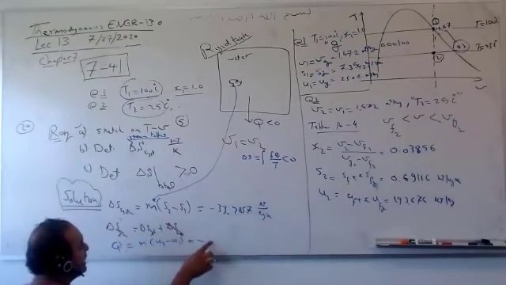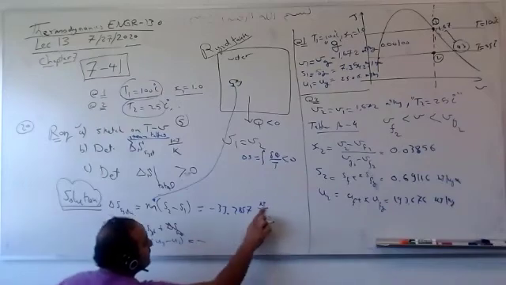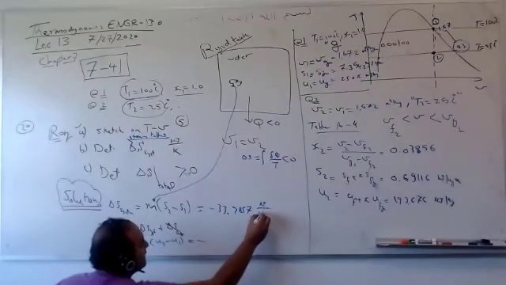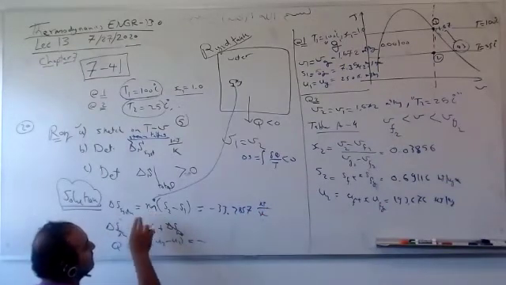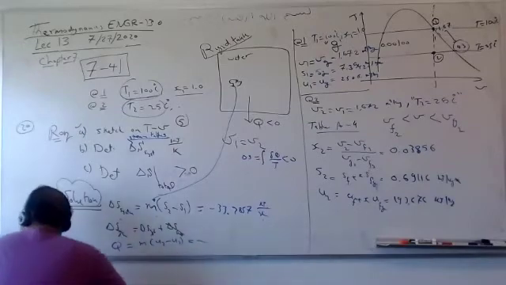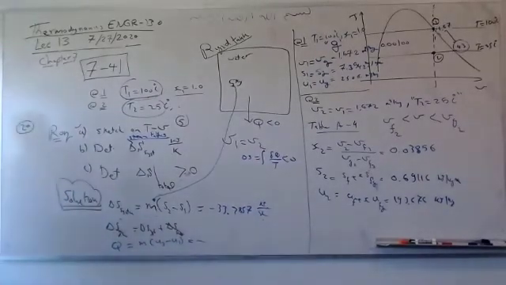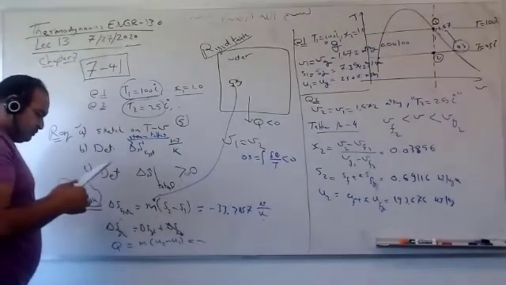This is Q in kilojoule, because there is no kilogram here, just kilojoule per Kelvin, because we multiply by mass. So get this Q, it's negative for the system, yes.